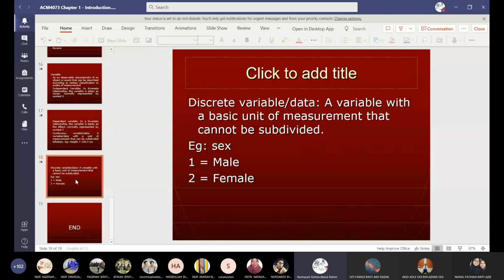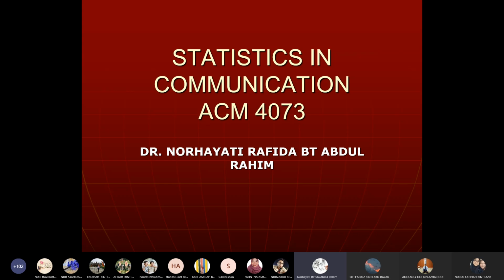How do you subdivide male? Male is one as less male, second moderate male, or third as really male. I know it sounds ridiculous, but this is what we mean by not divided.